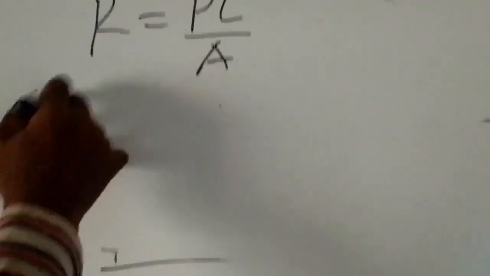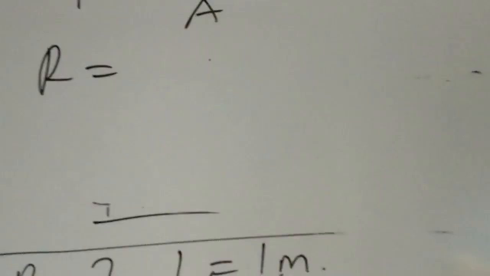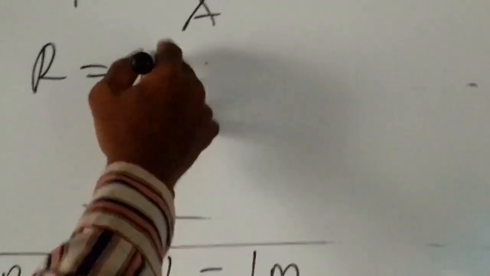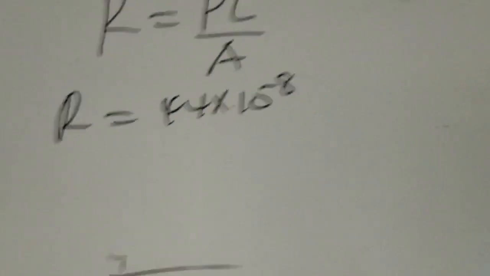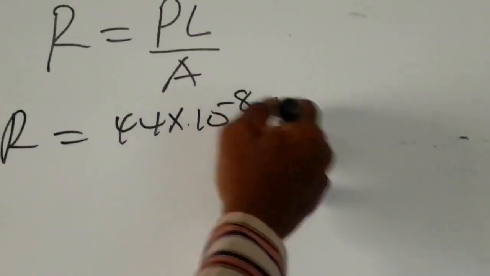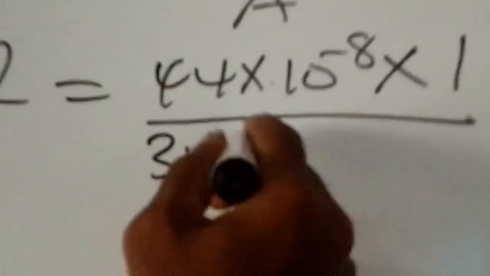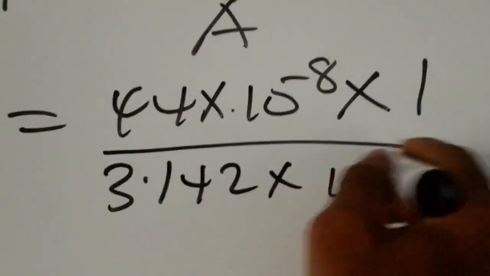So we're looking for resistance. The value of our resistivity is 44 times 10 to the power minus 8, already expressed in the SI unit, ohm meter. No need to convert anything here. Our length is 1 meter, and our area of the wire is 3.142 times 10 to the power minus 8.